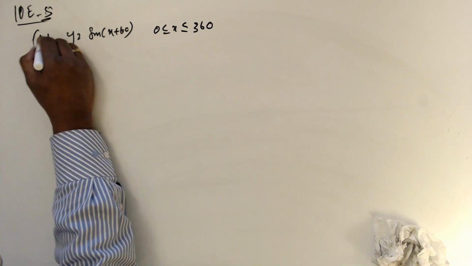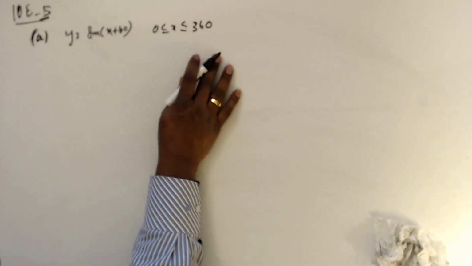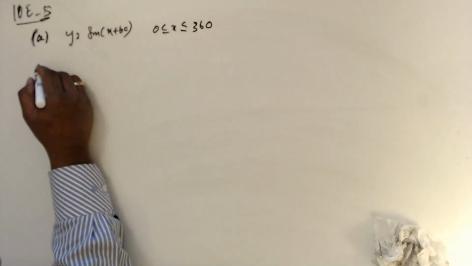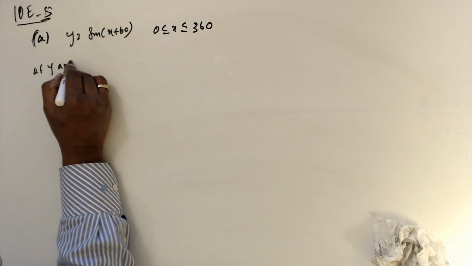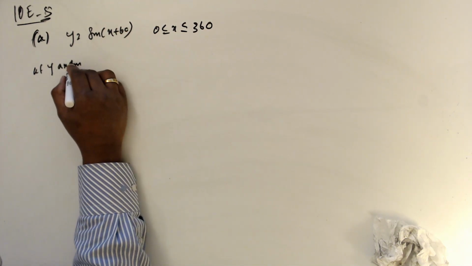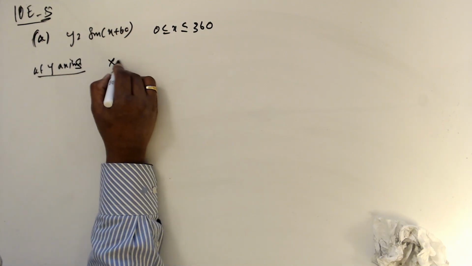So question number 5a, graph made coordinate axis. Okay, let's consider first of all at y-axis. At y-axis, x equals 0.